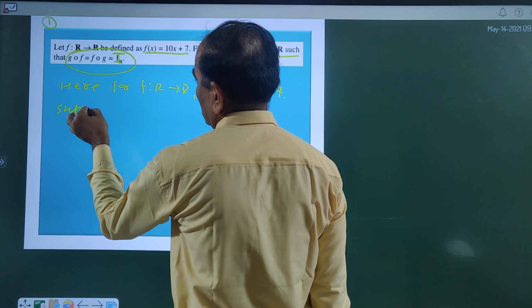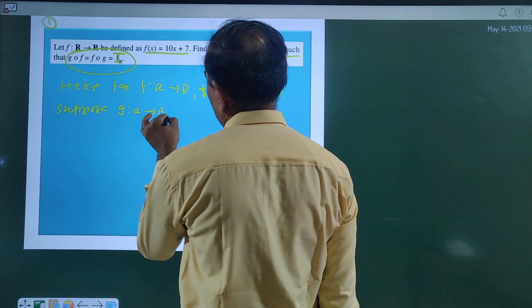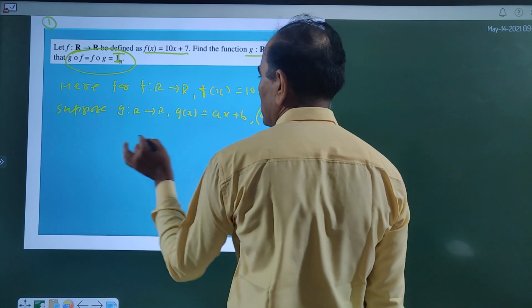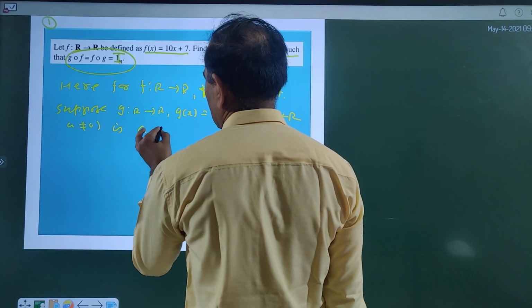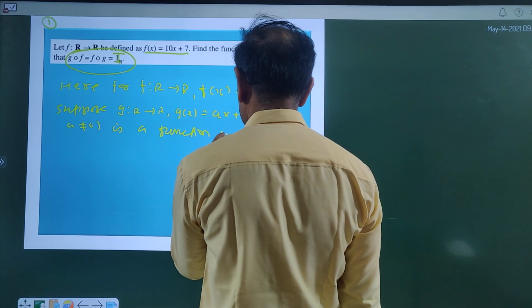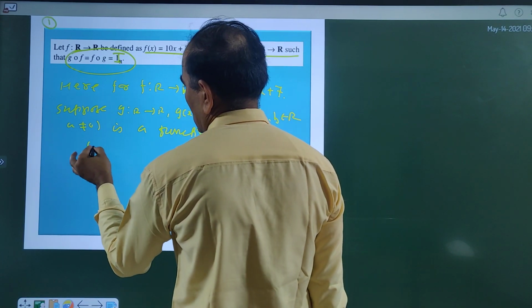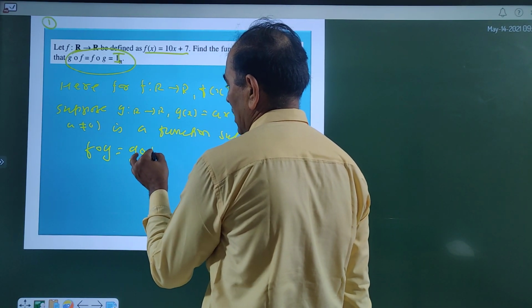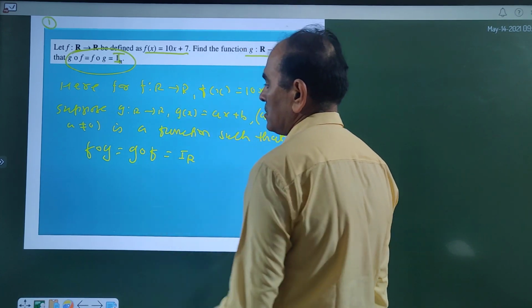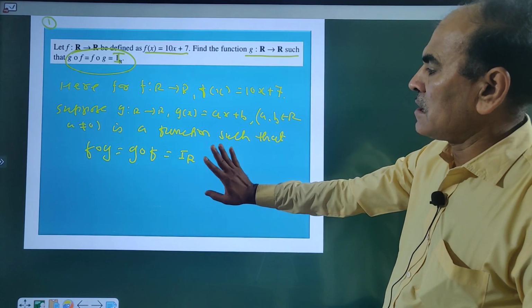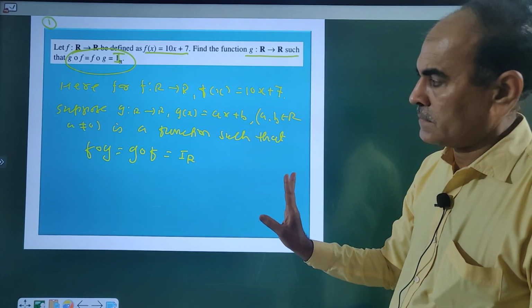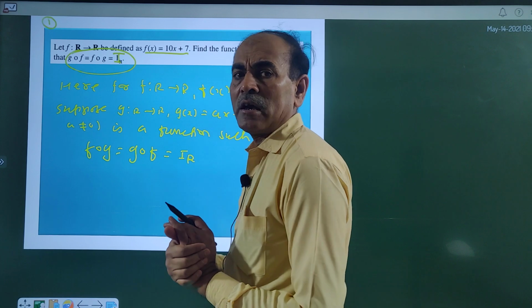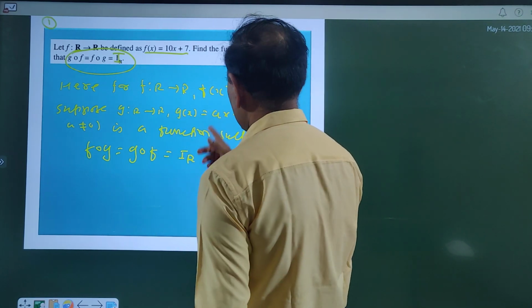Suppose g from R to R, g of x is equal to ax plus b, where a, b belong to R, a not equal to 0, is a function such that the composition of f and g, known as f of g, and the composition of g with f, g of f, is equal to the identity function. f and g both are from R to R, so f of g, g of f and I are also all functions from R to R. There is no need to mention it: whenever the domain and codomain of both functions are the same, then definitely their composition exists. We want g of x.